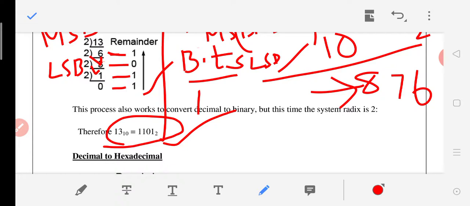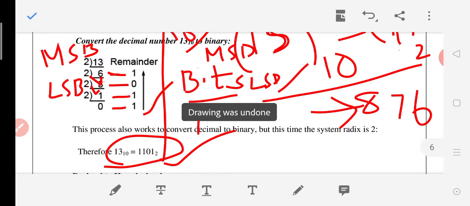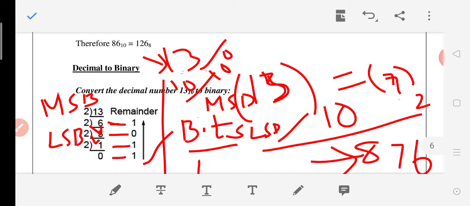This is a small example. After watching this session, practice well and convert different numbers for a more thorough understanding of this subject.